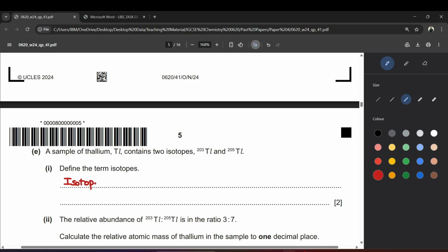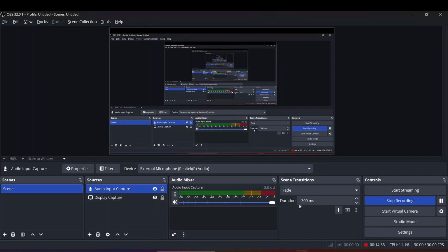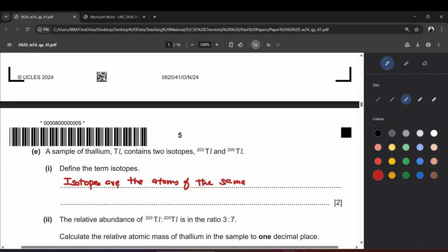So we can say that isotopes are the atoms of the same element that have the same number of protons but different number of neutrons. Or you can just say but different neutrons.